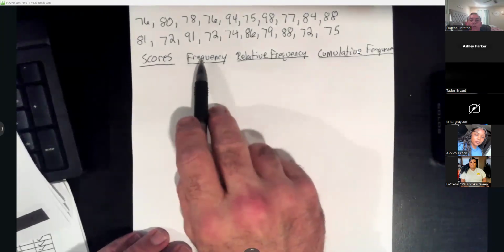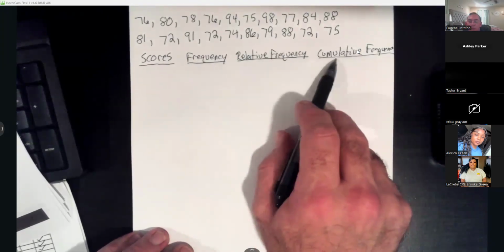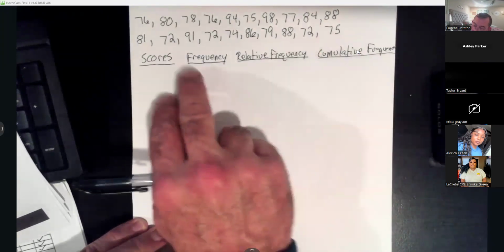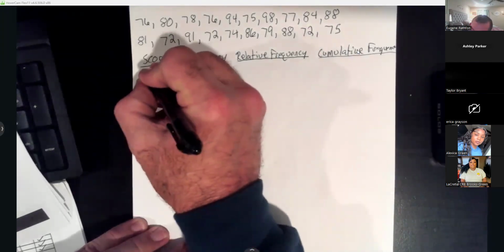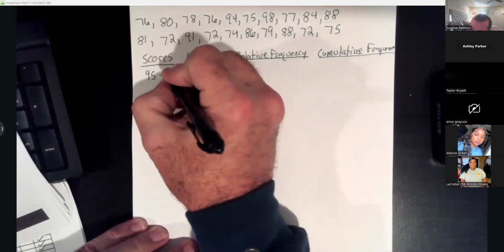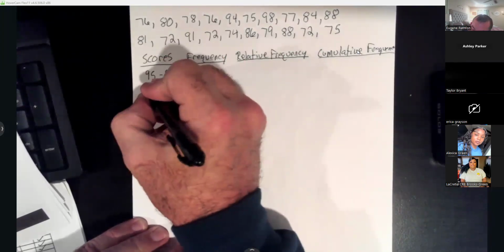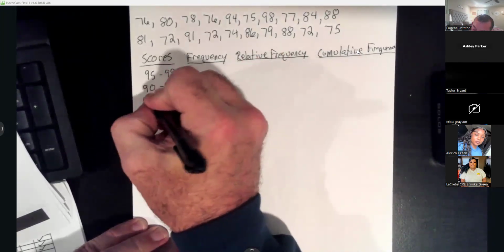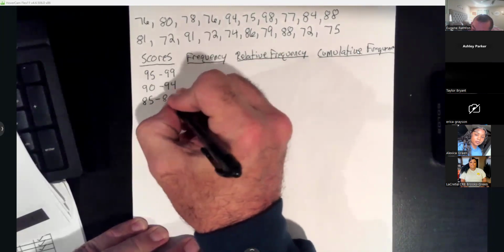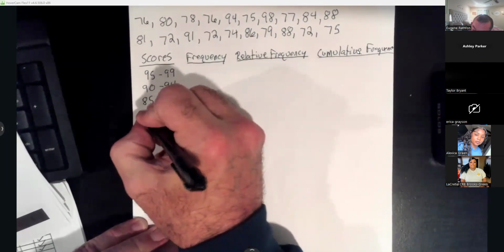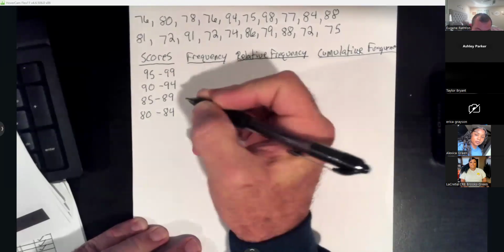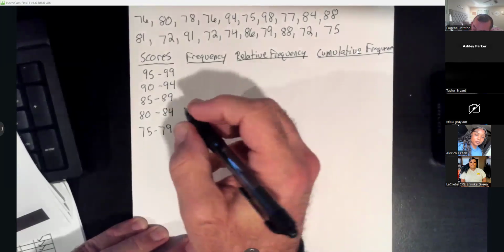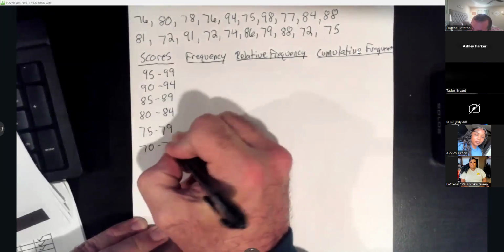Okay, so scores, frequency, relative frequency, cumulative frequency. Now, I'm going to make my bins for 95 to 99, 90 to 94, 85 to 89, 80 to 84, 75 to 79, 70 to 74.